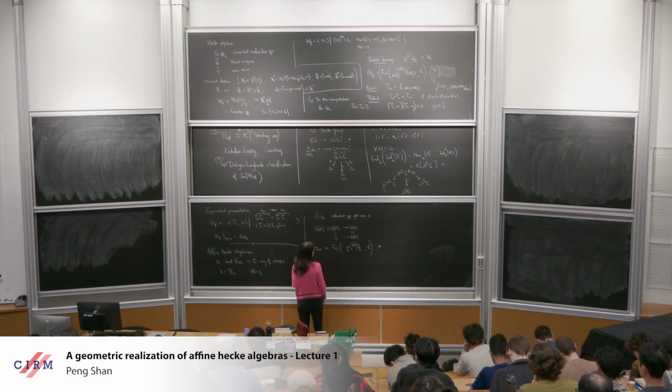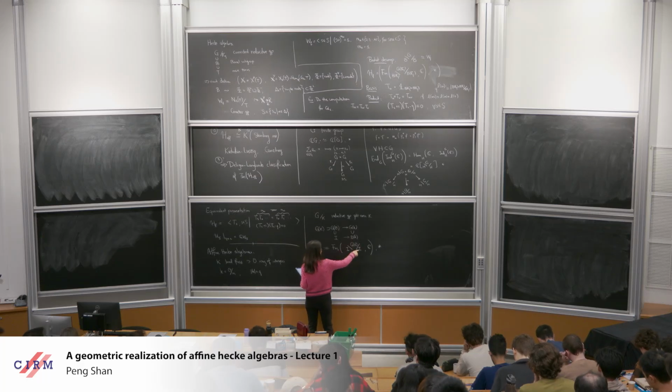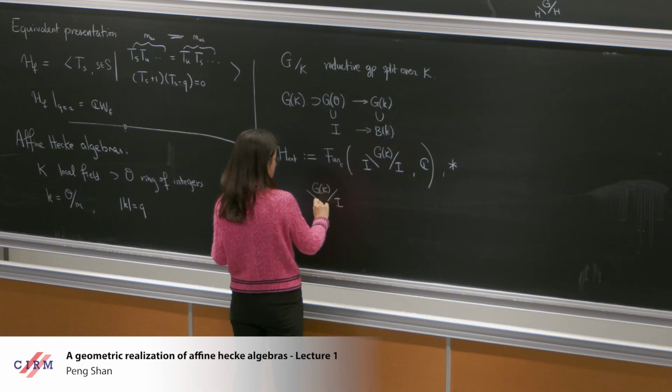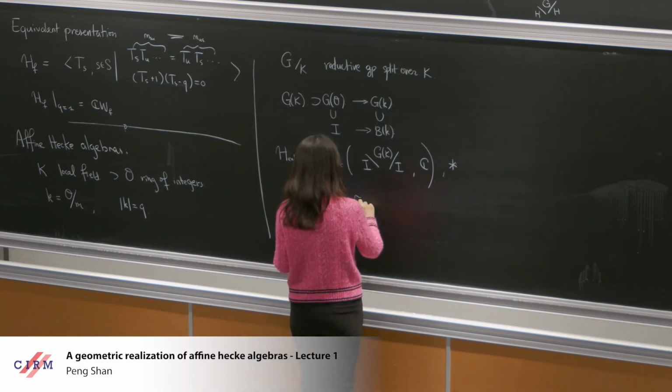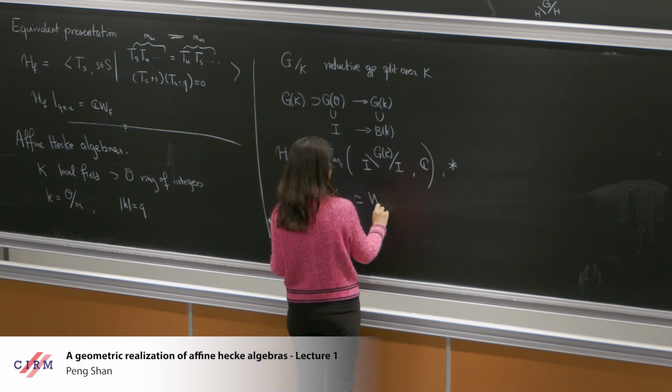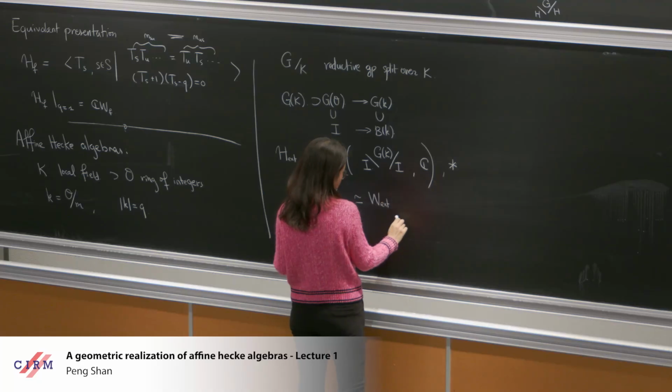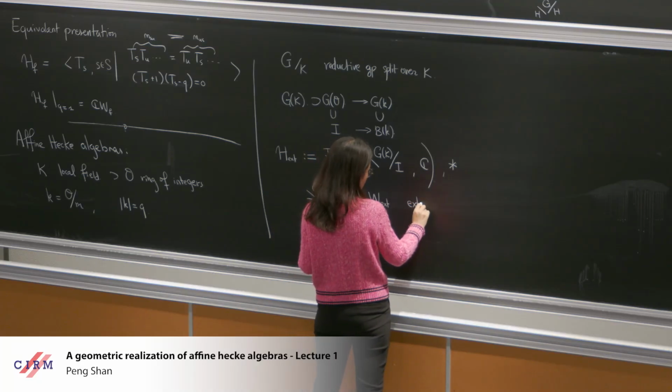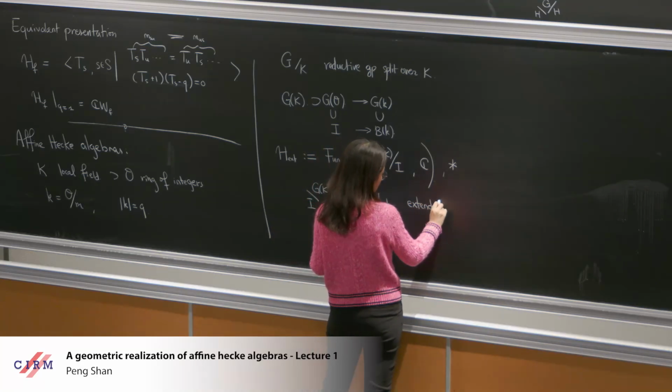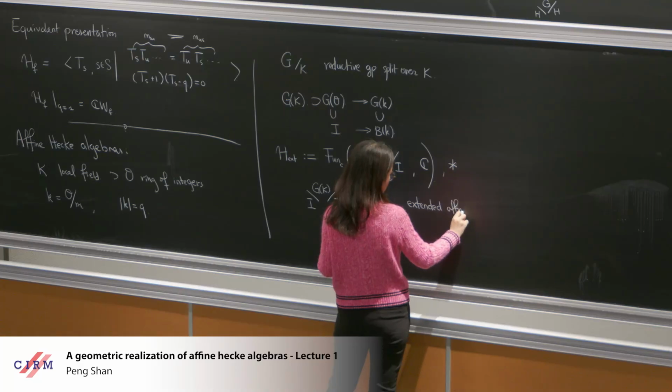Now how is this coset space indexed? It is indexed by the so-called extended affine Weyl group, which I will discuss in a minute.